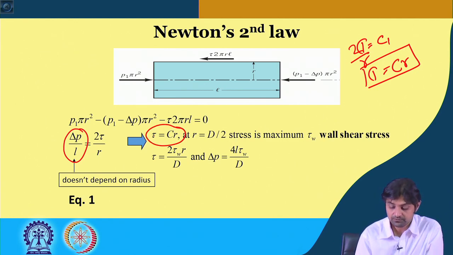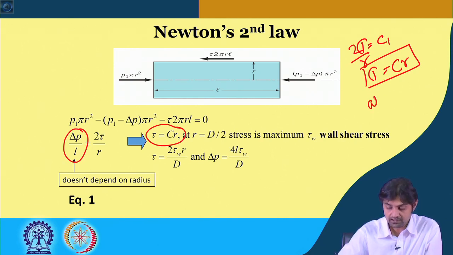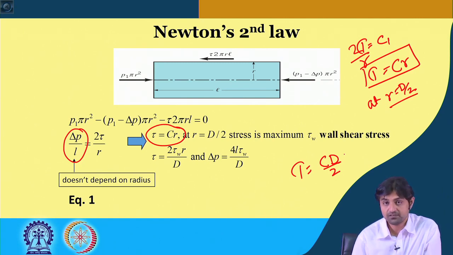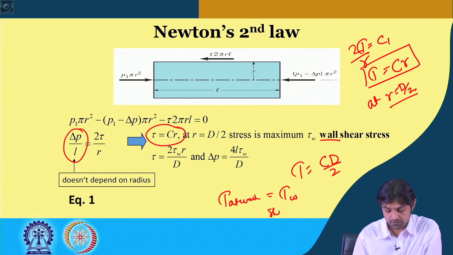All right. So, we see that at the midpoint, at r is equal to d by 2, this tau takes C d by 2, and that is the maximum, and that happens where? It happens at the wall. Therefore, this shear stress tau at the wall is called tau W, the wall shear stress.